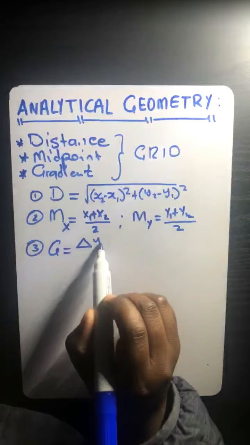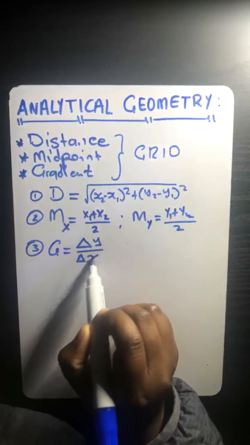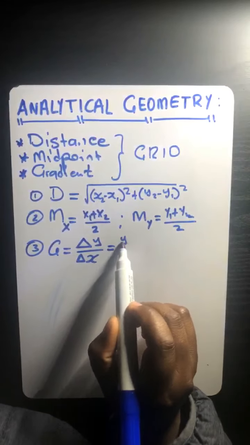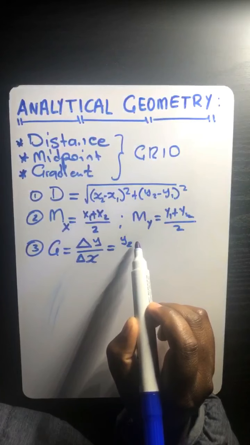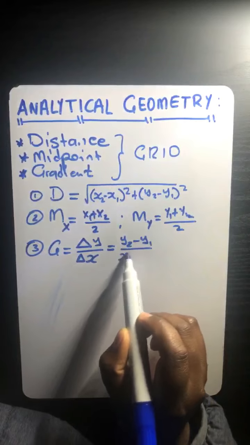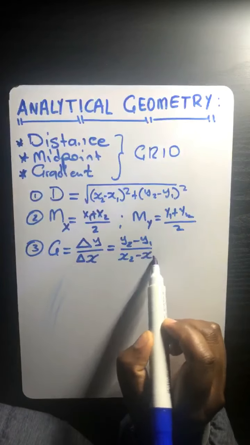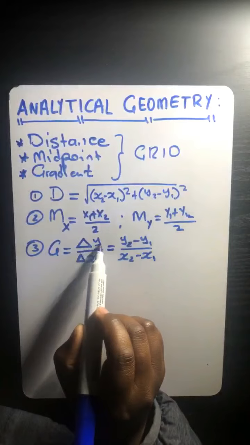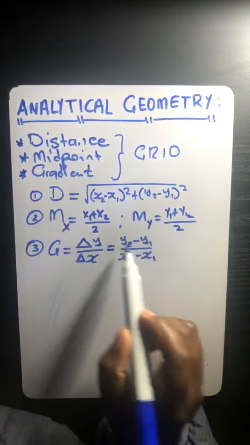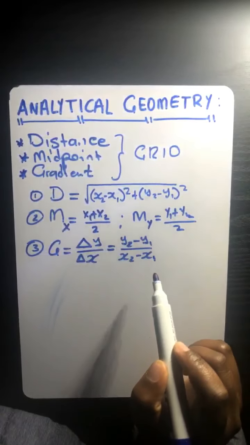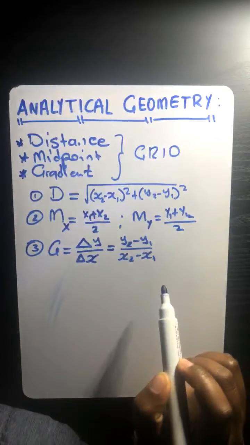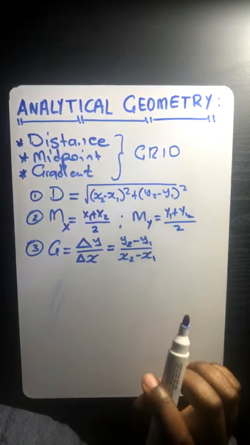So we have change in y over change in x. What does change mean? It simply means y2 minus y1 over x2 minus x1. The moment you say change, it's like saying final minus initial, but because we're dealing with analytical geometry, we refer to that as y2 minus y1. It is as easy as that.